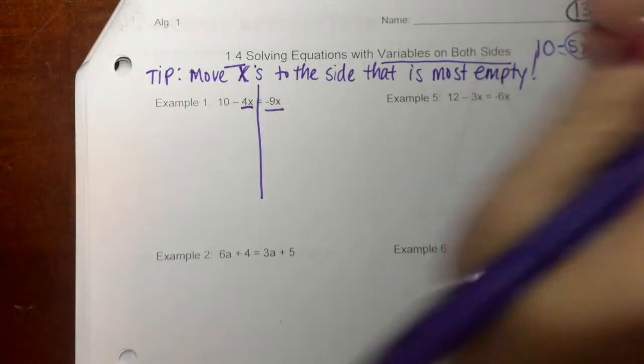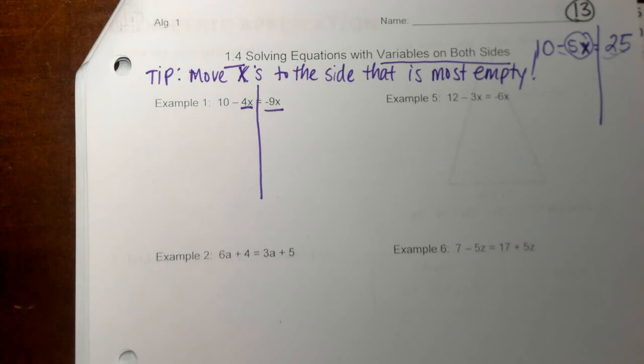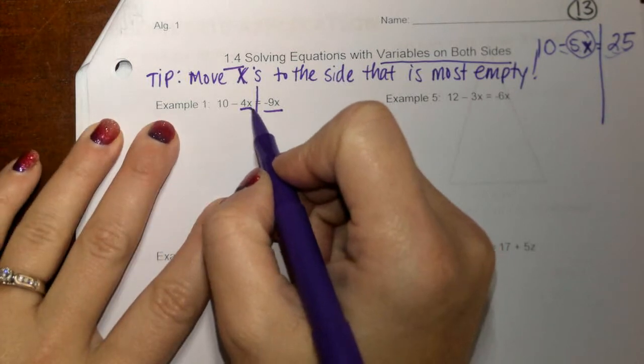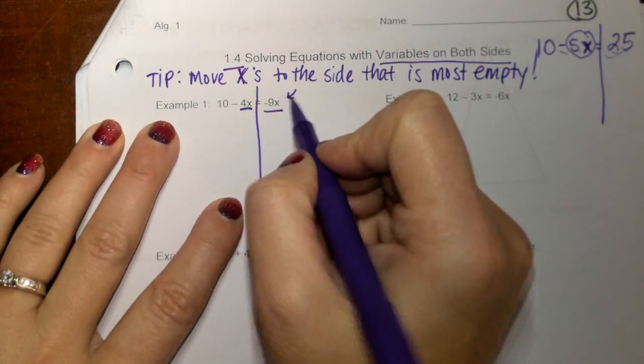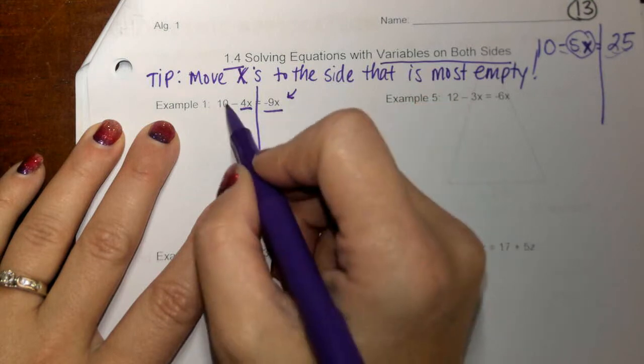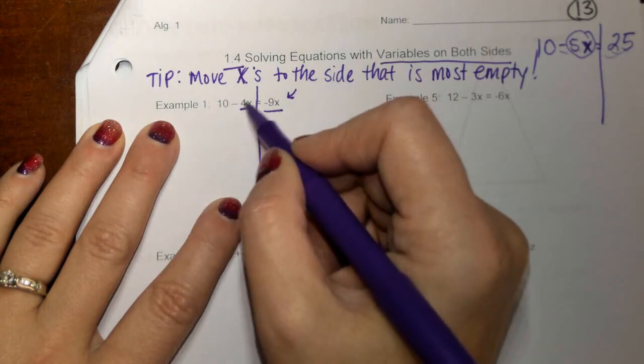Okay? So what I mean is we have to get the x's on one side. So on this one, this is the side that's the least empty. It has the least amount on it, because over here you have this number and this variable.